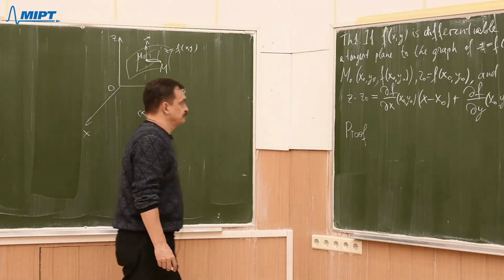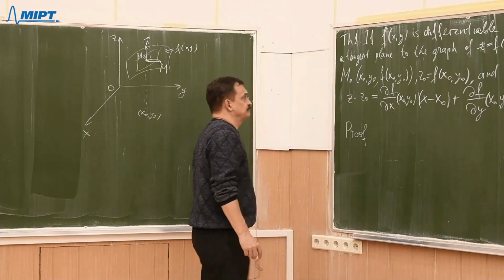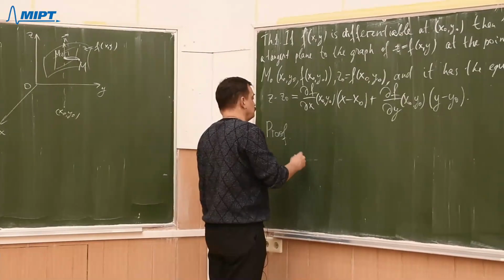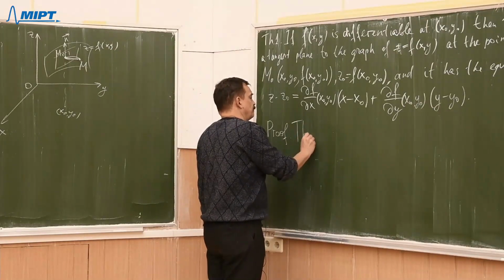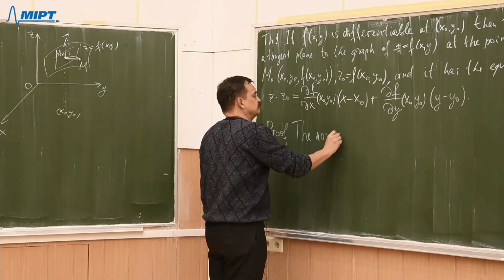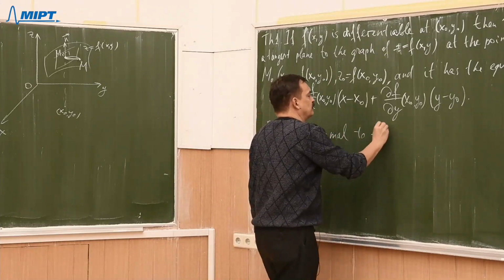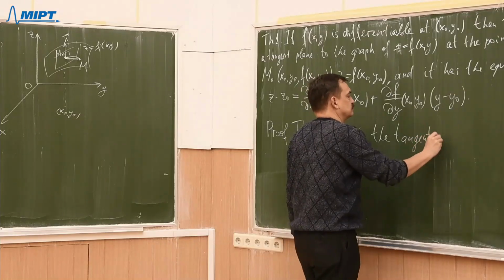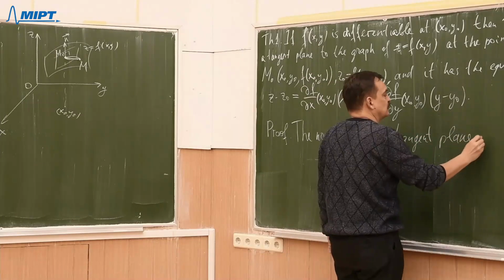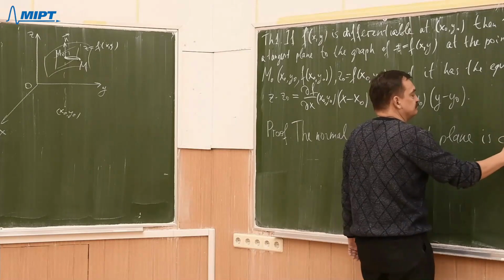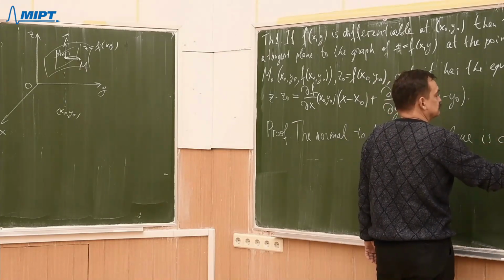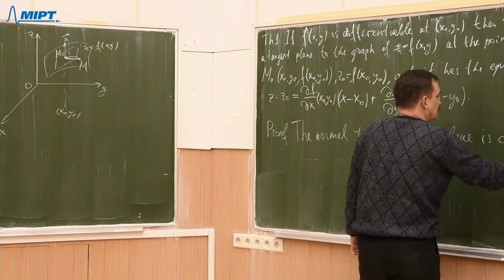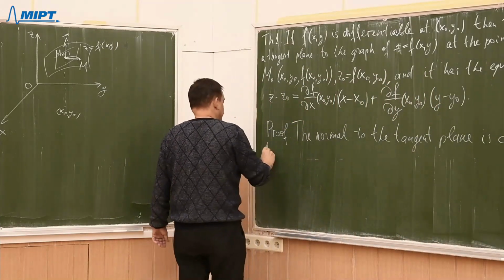So let me write it down. The normal to the tangent plane is characterized by the following property.